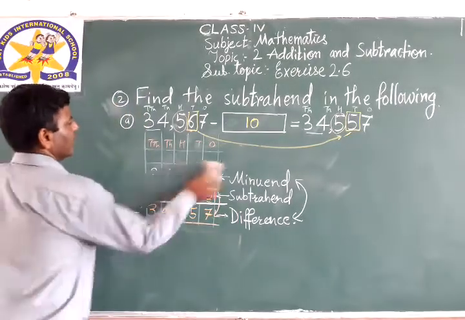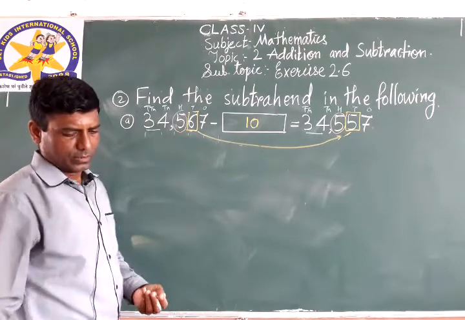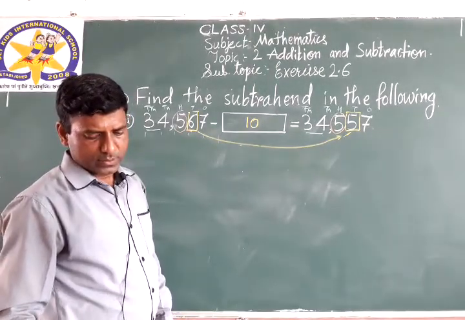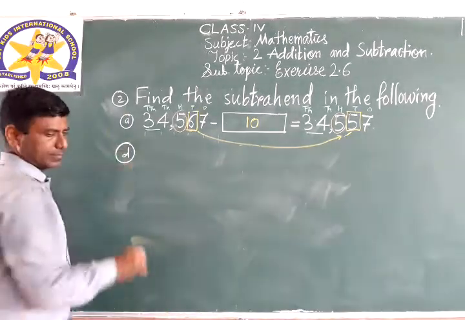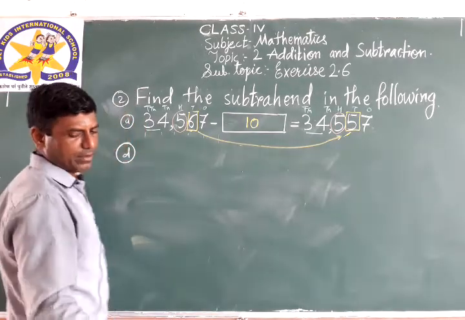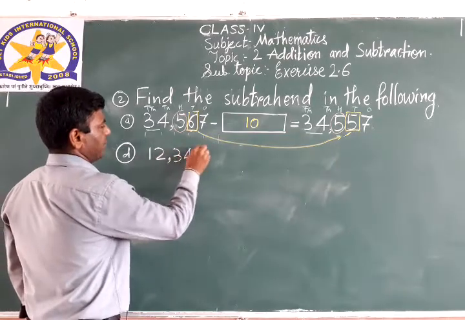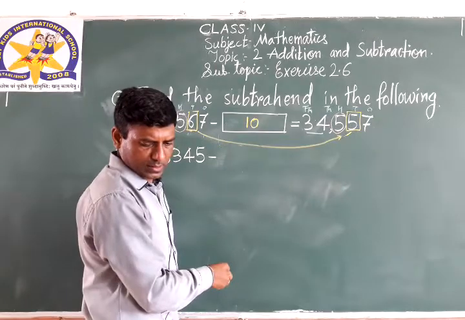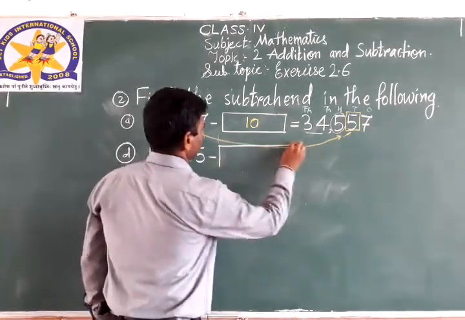I solve another one, then the remaining you will have to solve. Which one? Okay, D. 12,345 minus what?